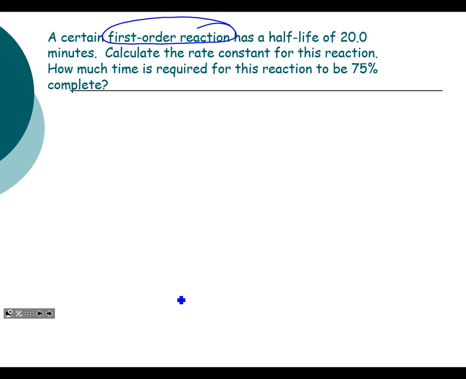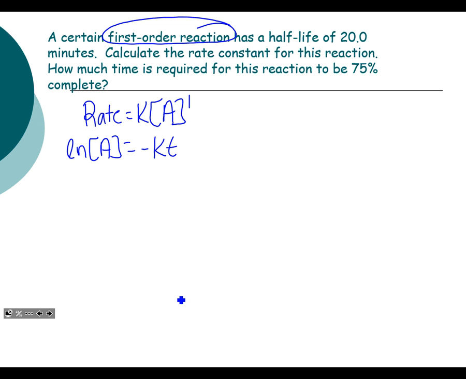I now know the rate law is going to be rate equals K times concentration of A. I know the integrated rate law is going to be the natural log of A equals negative Kt plus the natural log of A at time 0, and I now know what half-life equation I can use. Just reading those three words, first order reaction, gives me all of that information. I have those three rate laws.